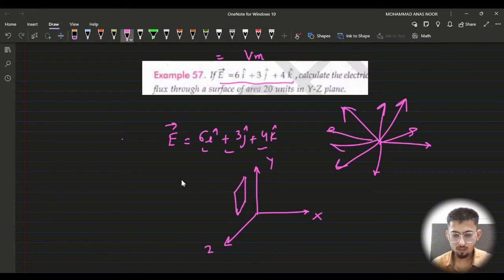Let's say this area A is 20 units. The normal unit vector to this would be in the X direction, since this is the YZ plane. This is the area and this is the normal n cap. We need to find the flux.